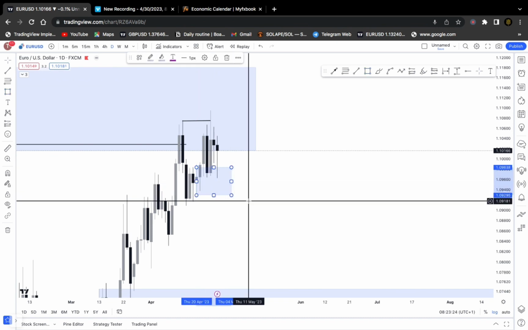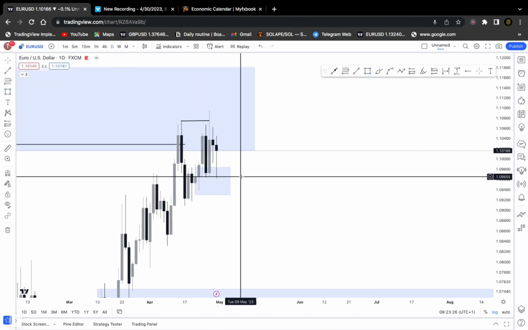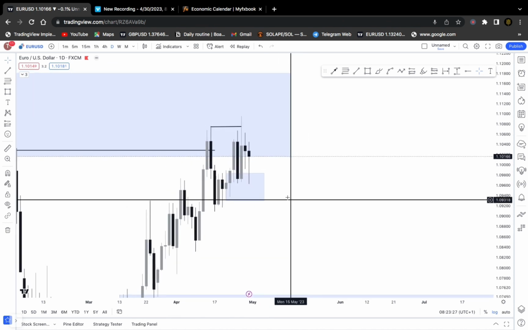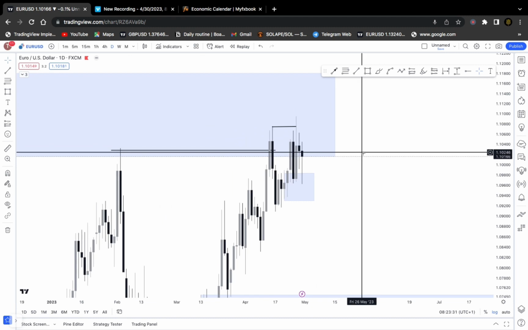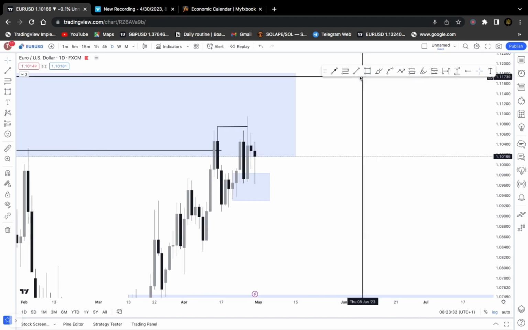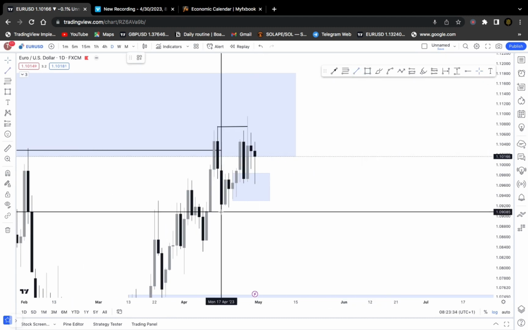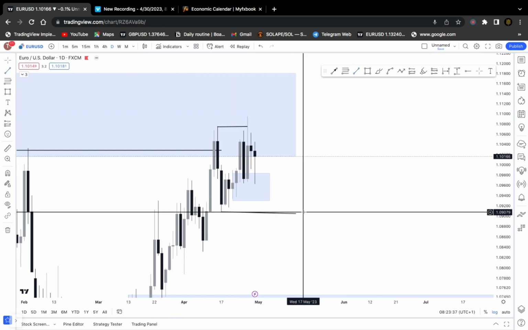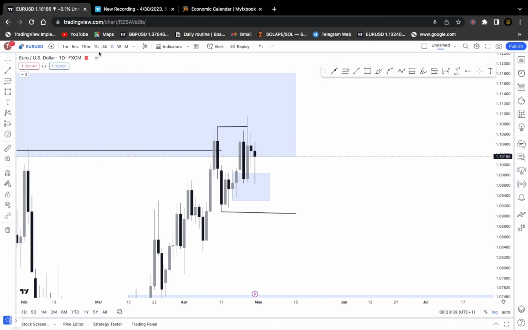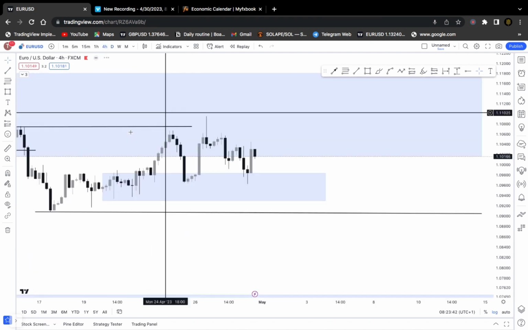So on the EURUSD on our screen, we can see expecting a strong push from this level to the upside, or we can be looking at the market taking out these lows here. Market takes out these lows there, then we shall be confirming our sell opportunities to the downside.